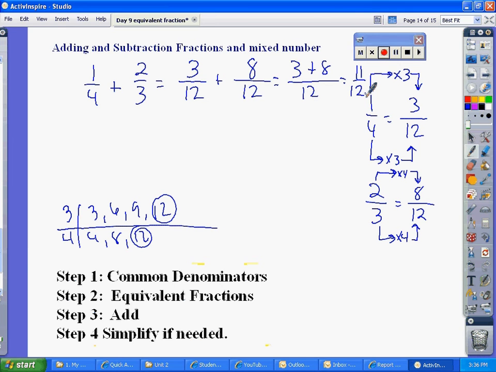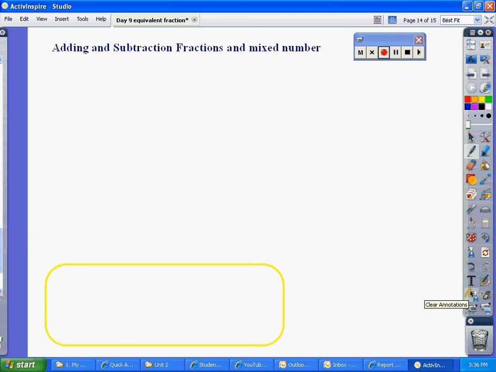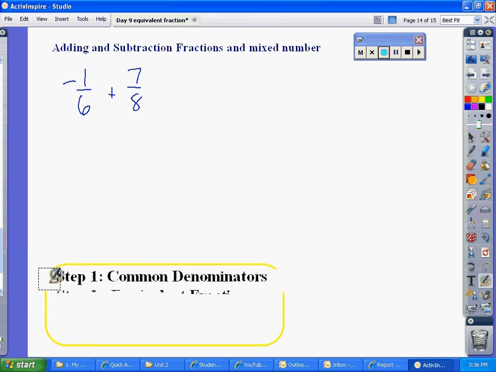Okay, let's try a little bit harder one. -1/6 plus 7/18. Okay, remember our steps. Common denominators.